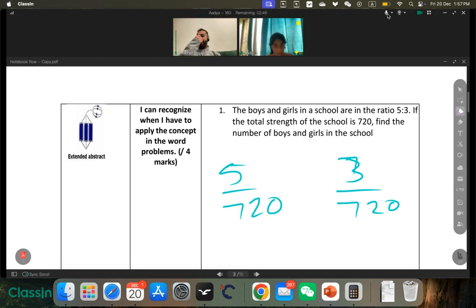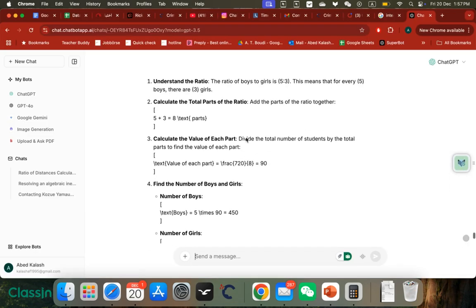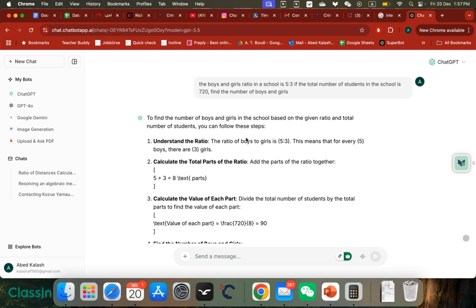For every 5 boys, there are 3 girls. So we divide them. Well, continue. Show me what you're going to do. I'm just explaining more about the ratio.